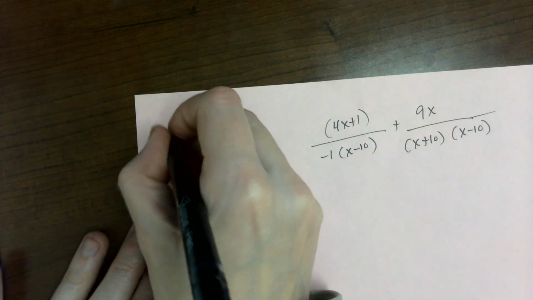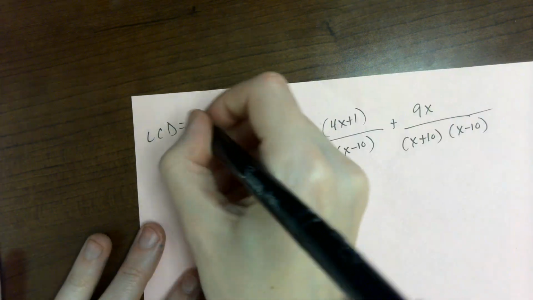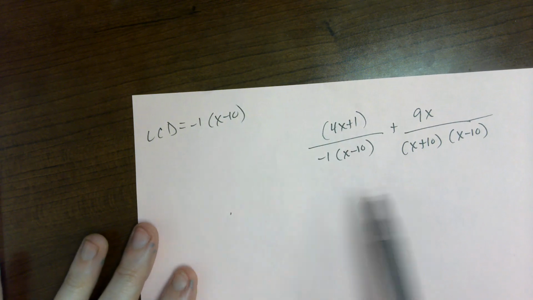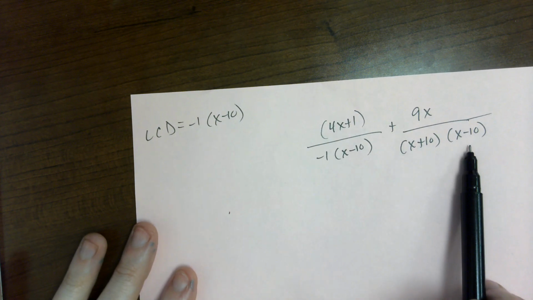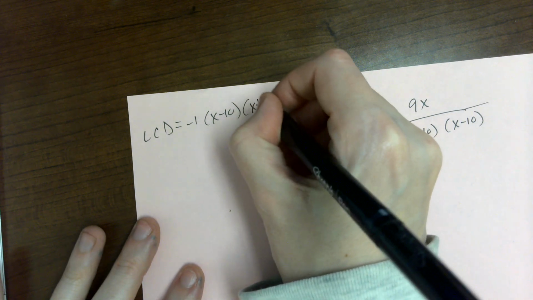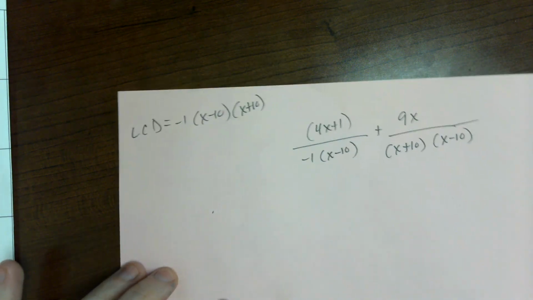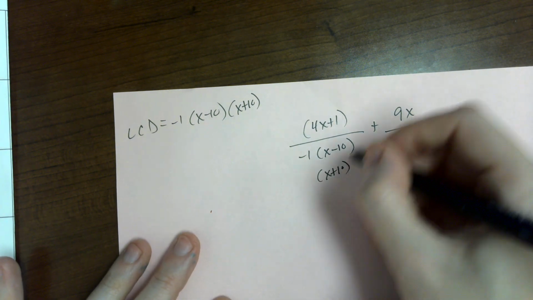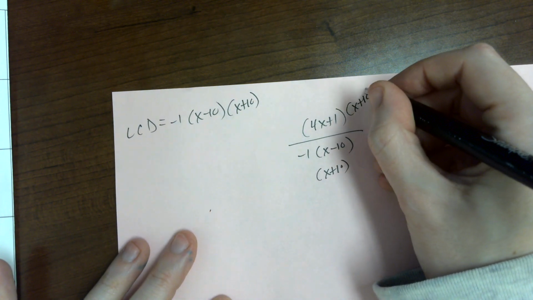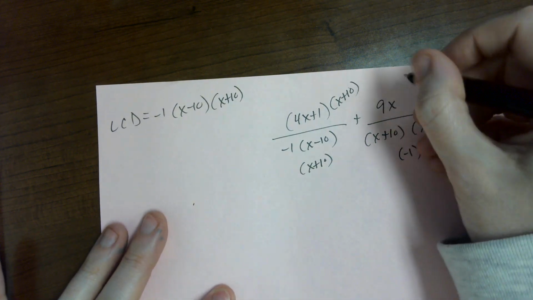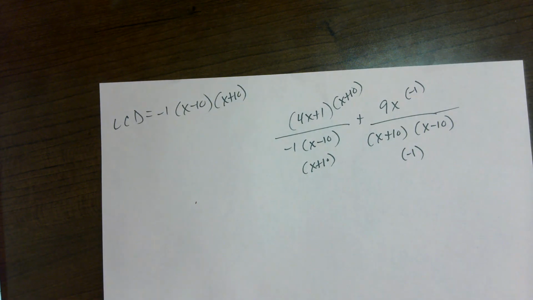So for the least common denominator, we're going to need negative 1, x minus 10, and then that x minus 10 is going to cover that one as well, and then x plus 10. All right. So this one is missing an x plus 10. This one is missing a negative 1.